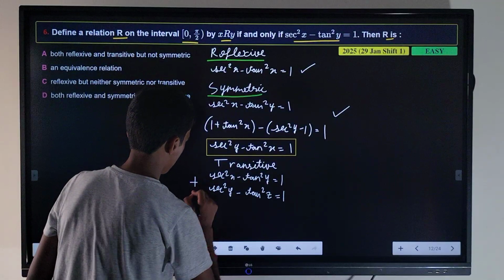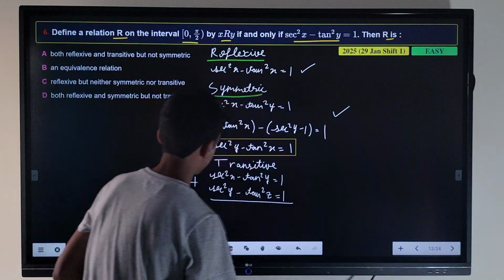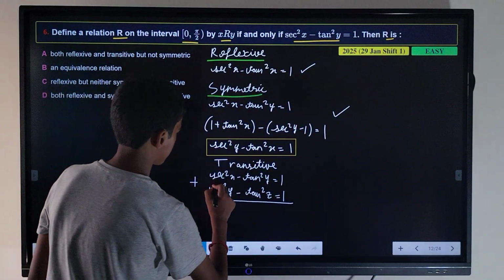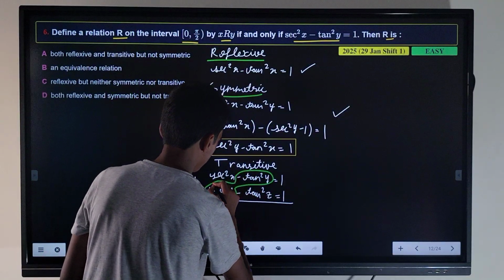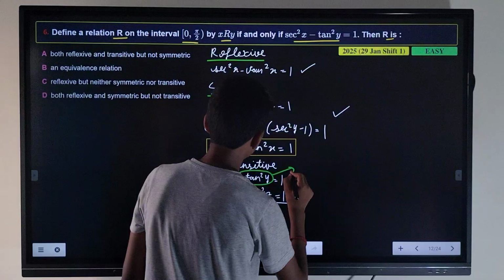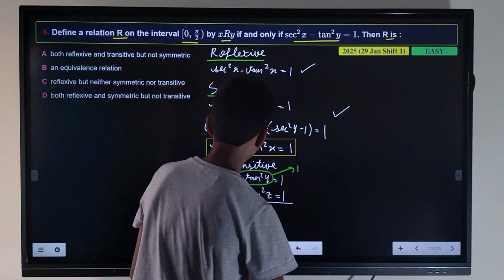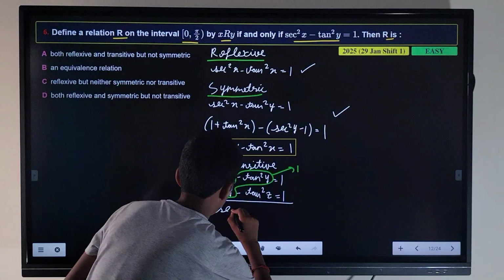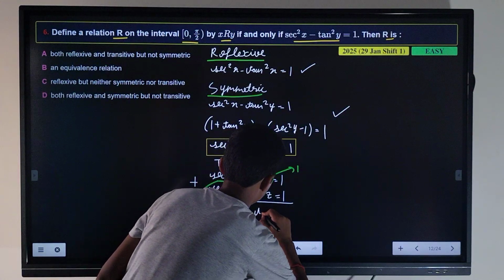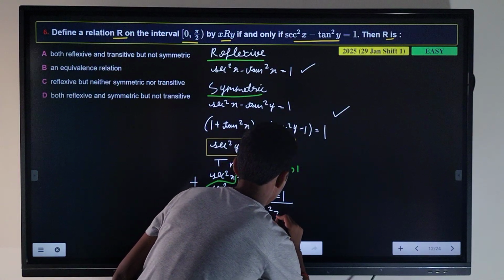Now we are going to add these two equations, and our sec square y minus tan square y will generate 1. So when we add these two equations, we will get sec square x minus tan square z.